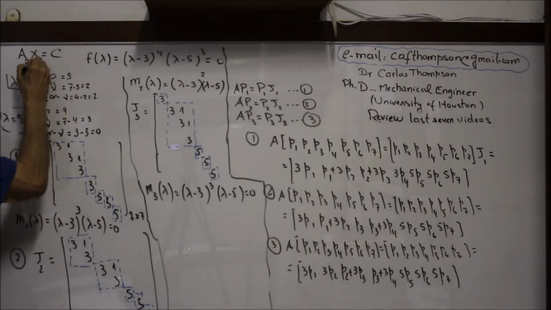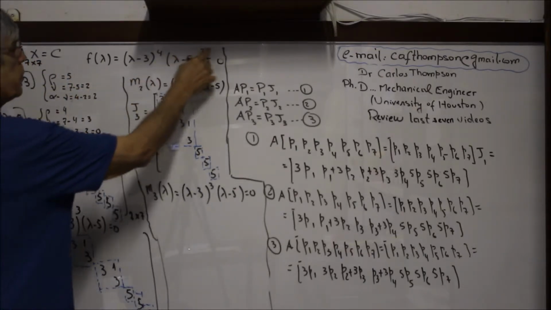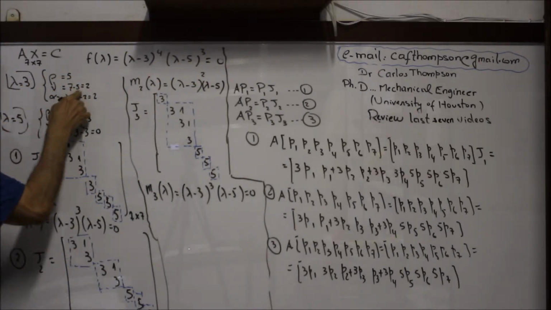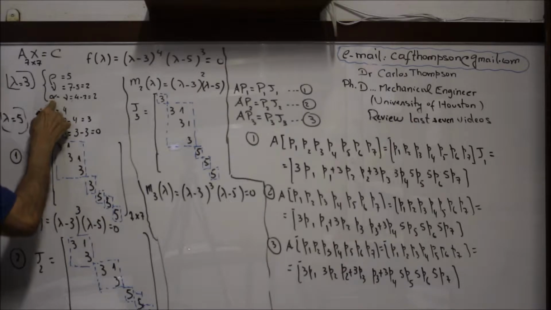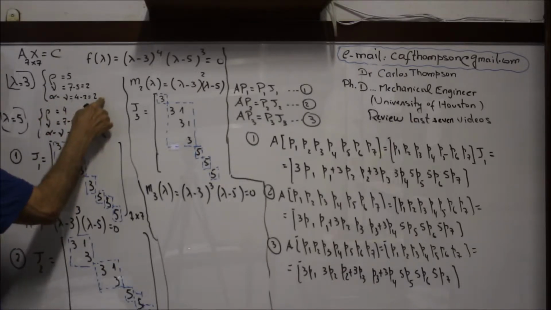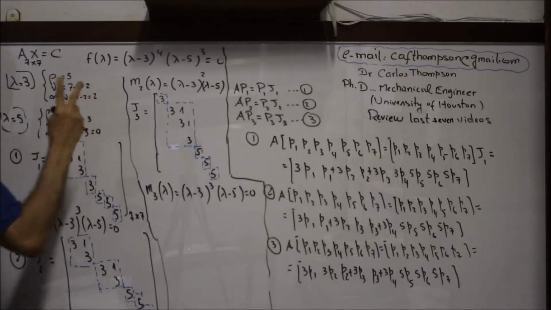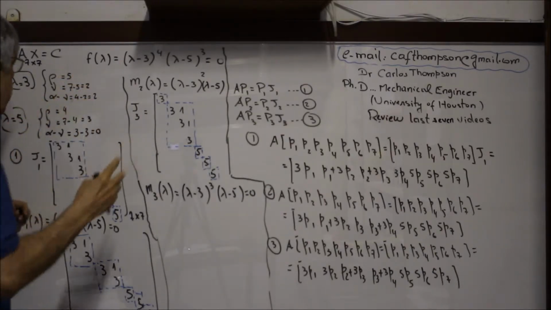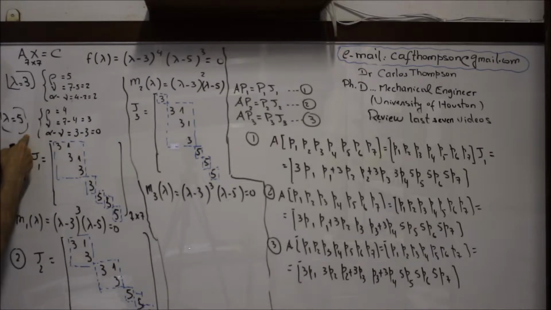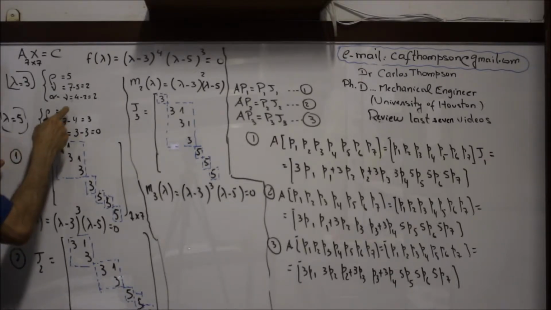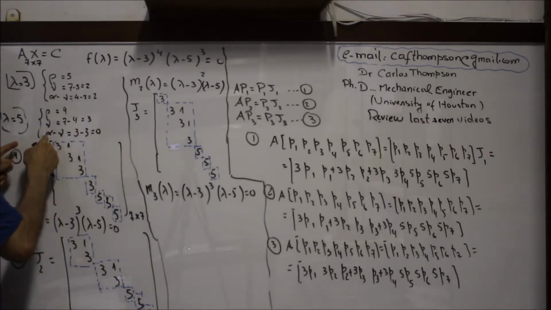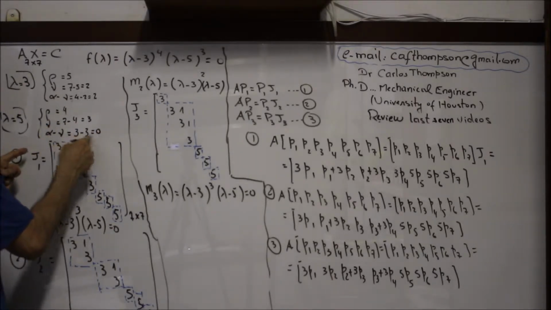This is 7 by 7, because 4 plus 3 is 7. Then ni is 7 minus 5, and alpha minus ni is 2. Here indicates 2 eigenvectors, here indicates 2 generalized eigenvectors. The same idea is for lambda equal to 5. The rank is 4, ni is 7 minus 4 is 3, alpha minus ni is 0.